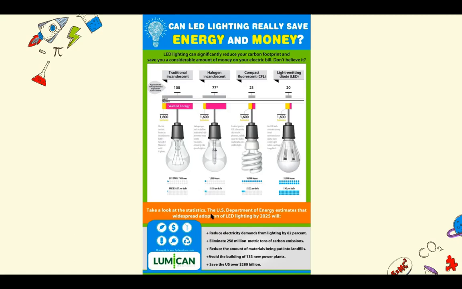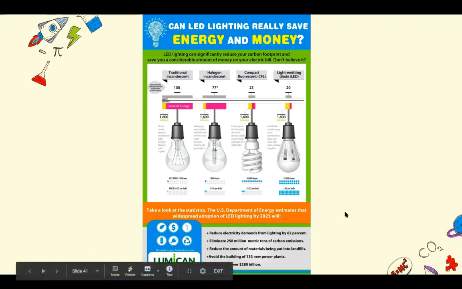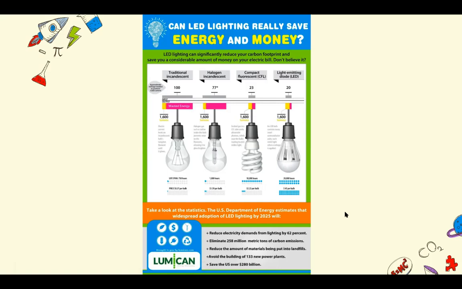Over here, it says, take a look at the statistics. The US Department of Energy estimates that widespread adoption of LED lighting by 2025 will reduce electricity demands from lighting by 62%, eliminate 258 million metric tons of carbon emissions. That is big for the environment. That is so great for the environment.